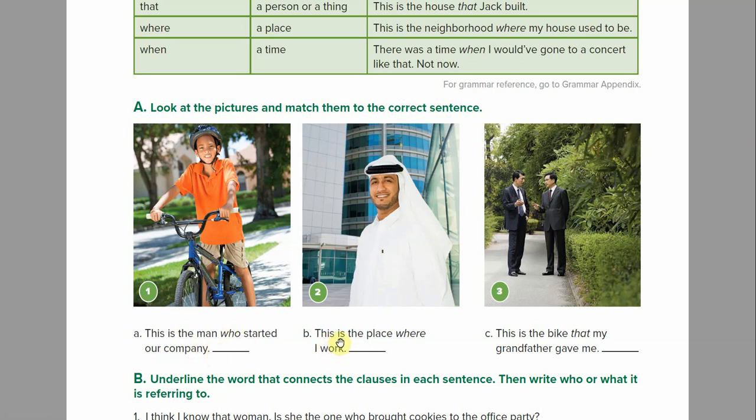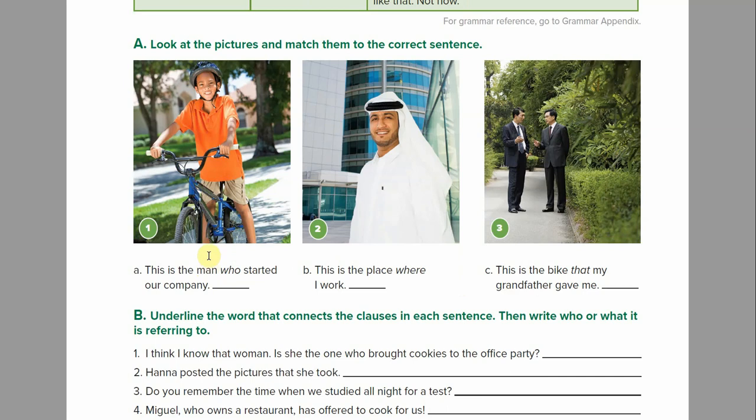But this one says, this is the place where I work. So of these two, this is the only one who could use I correctly. So this is the place where I work. 2 for B, and then 3 for A. So 3 is A, 2 is B, and 1 is C.